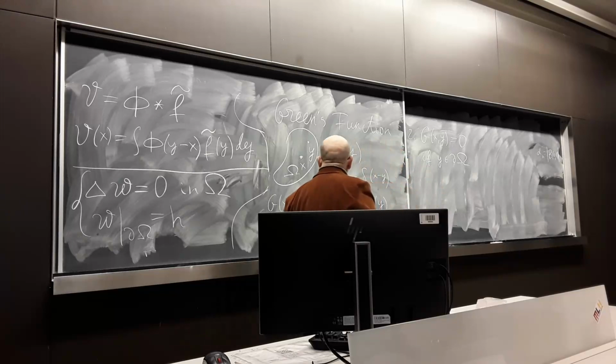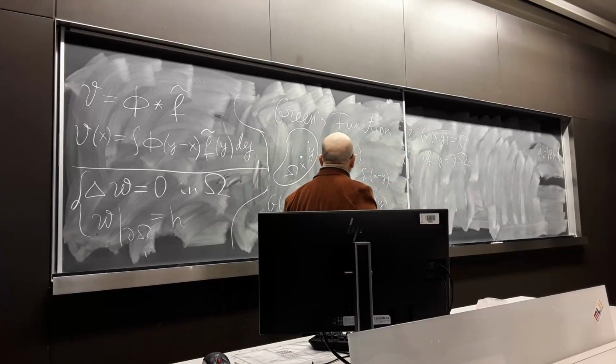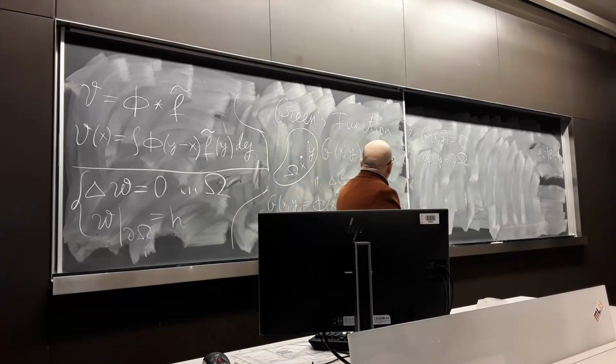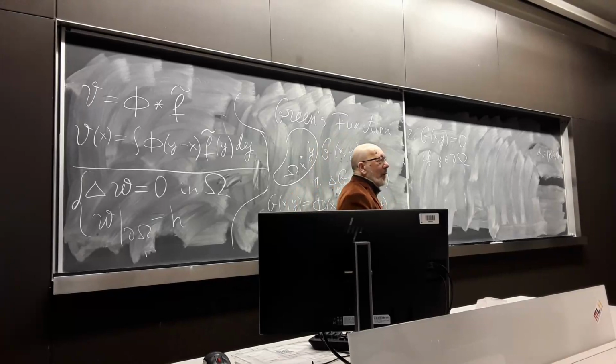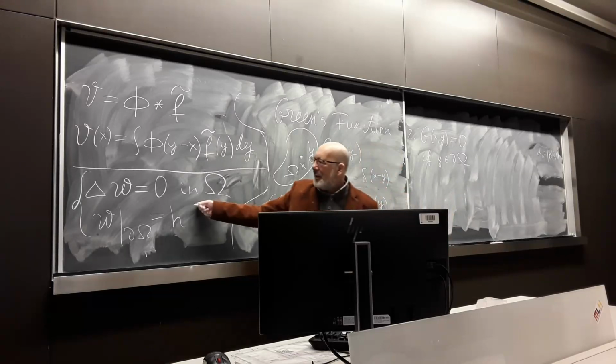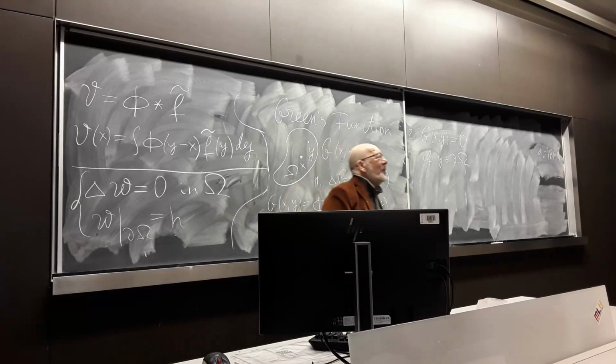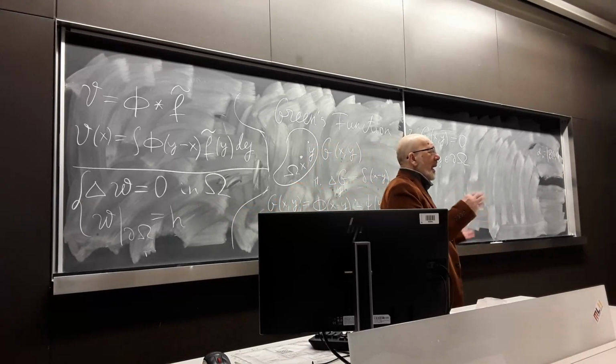Now, you see that instead of this, you can consider the problem for the function psi of y. It should be harmonic, and its values on the boundary should be equal to the values of phi on the boundary. So it is a case of this problem. So these two difficulties can be pumped from one to the other.